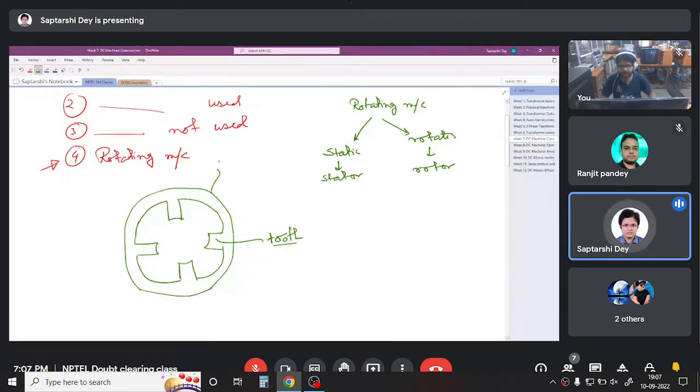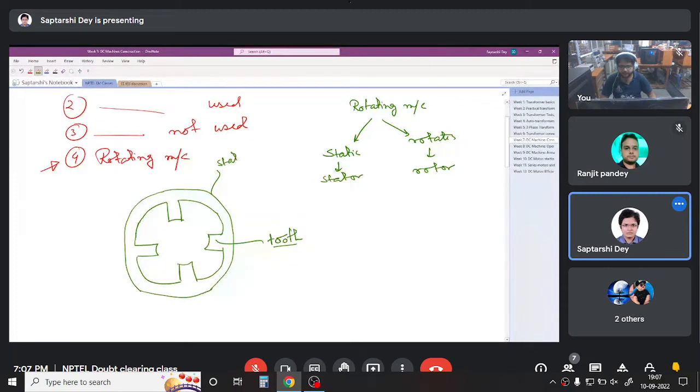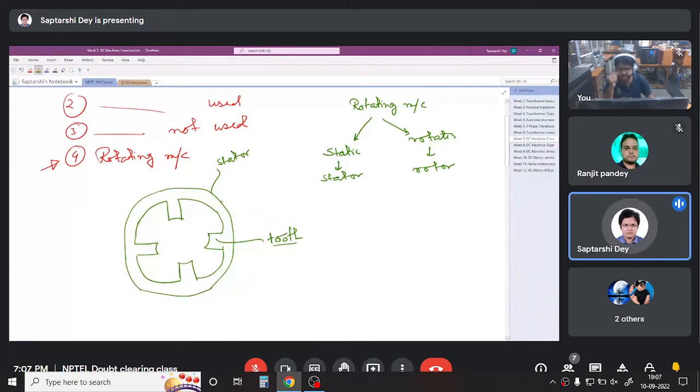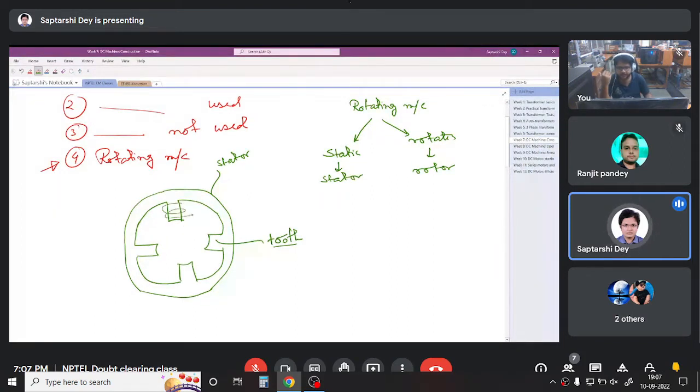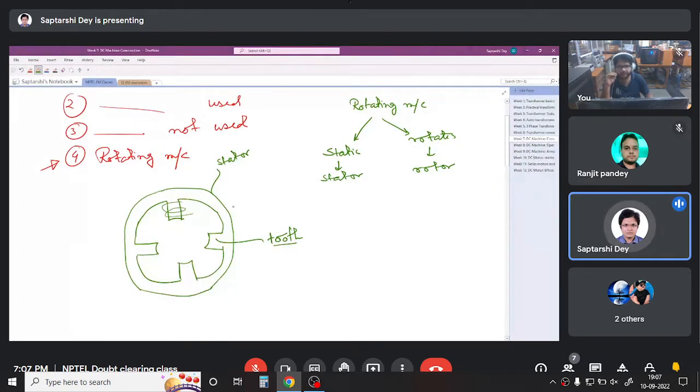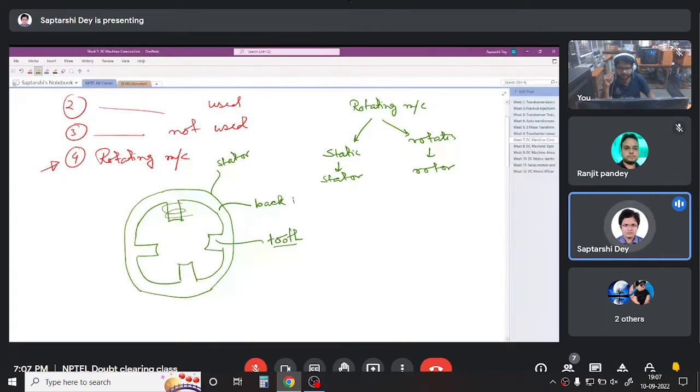So I have drawn a stator. Now you see, in any machine, the tooth and the windings formed on this tooth, they create the poles. We will look at later what is pole. But if you have this kind of tooth that is protruding out of the back iron, this is the back iron, or sometimes it is called yoke.